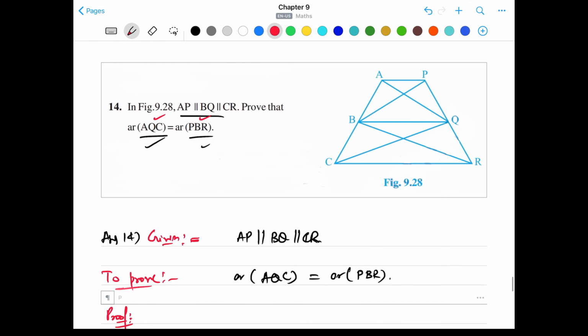First we're going to start with the two triangles, triangle ABQ and triangle PBQ. As we know, they are on the same base BQ and between the same parallel AP parallel to BQ, so their areas will be equal.